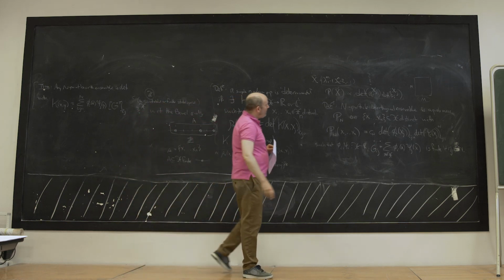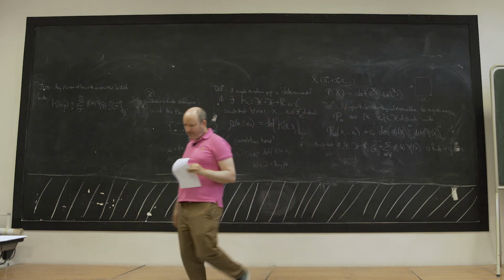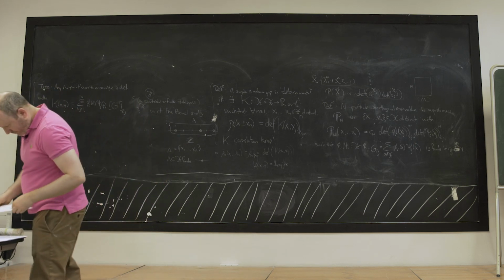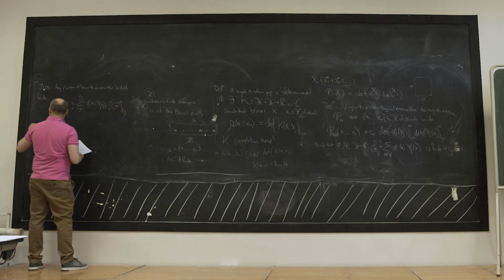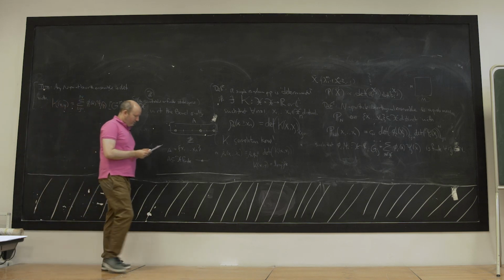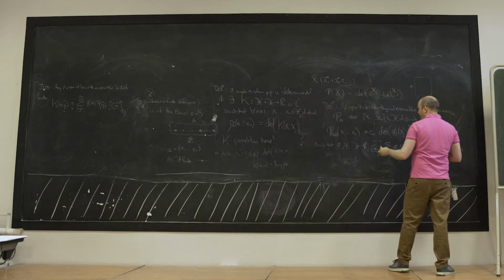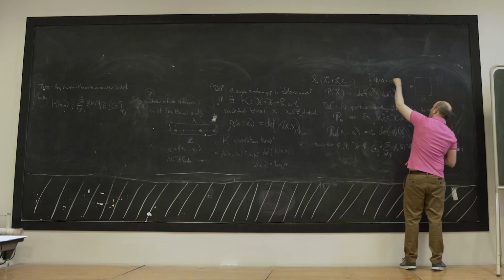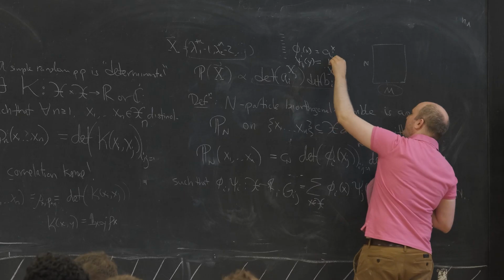But let me just write down how this applies now to this case of the Schur measure. So again, by this bialternant formula that I just wrote over there, the Schur measure takes exactly this form with a particular choice of the phi and the psi. So phi_i of x is a_i to the x, and psi_i of y is b_i to the y.